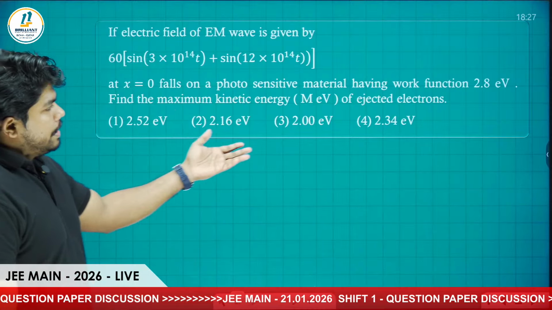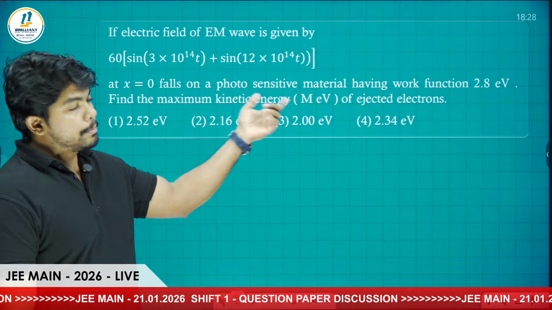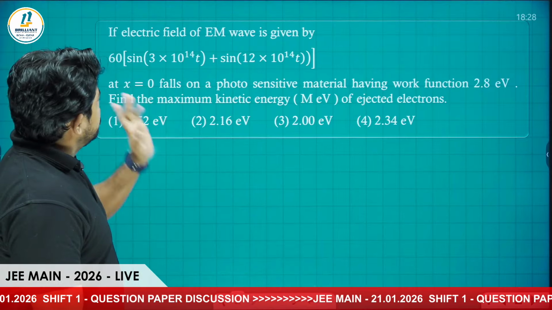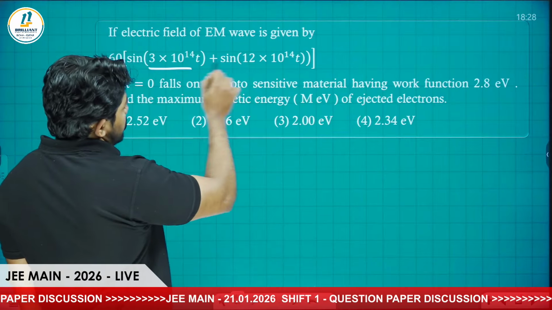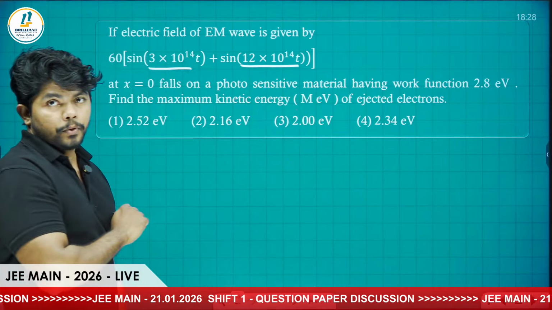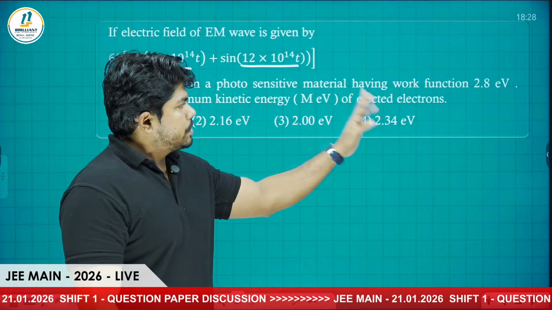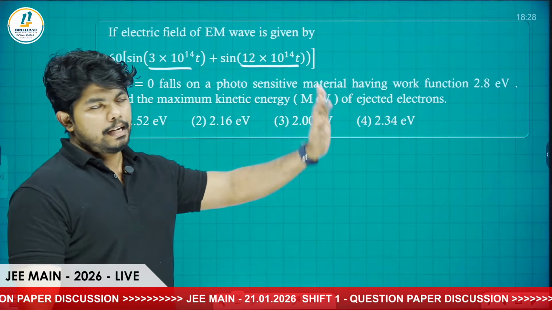Here it's actually a question related to the photoelectric effect, right? And we have discussed such types of questions when we were doing PYQs and all. So what is the question given? The electric field is given, right? It is given in terms of 2 frequencies, okay? And we are asked to find the maximum kinetic energy of the ejected electron.